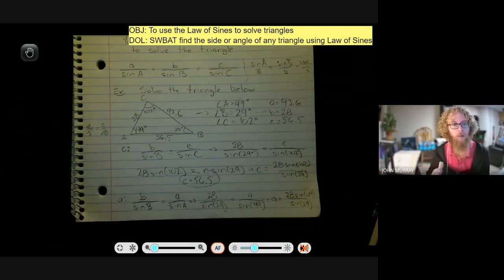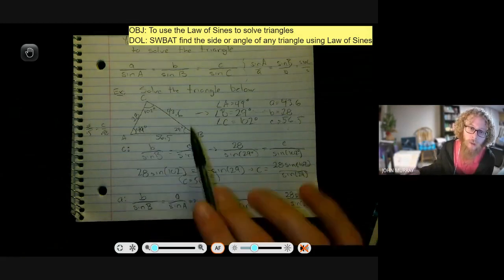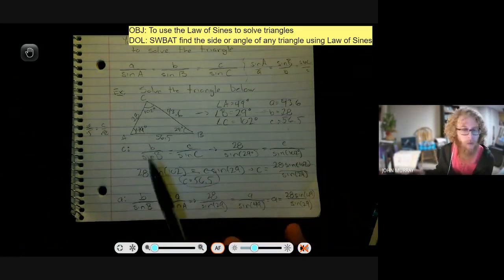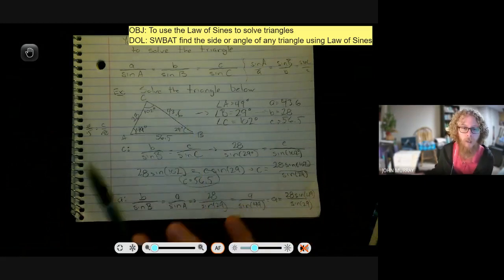And it makes sense geometrically. If I have a really small angle, a really small opening, and I connect the two lines, it's going to be a really small line that connects them. If I make a wider angle, the connection is going to be longer, right? That's just how math works. So as long as your sides match up with your angles, then you're probably okay.